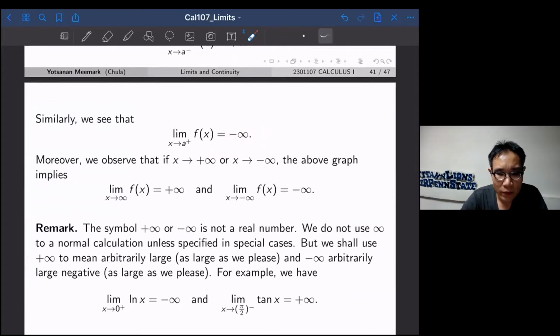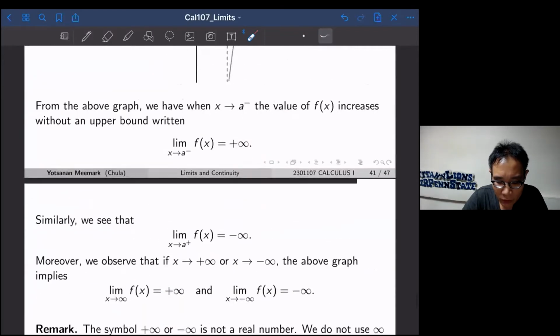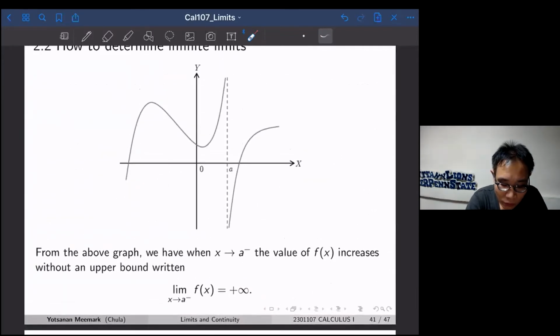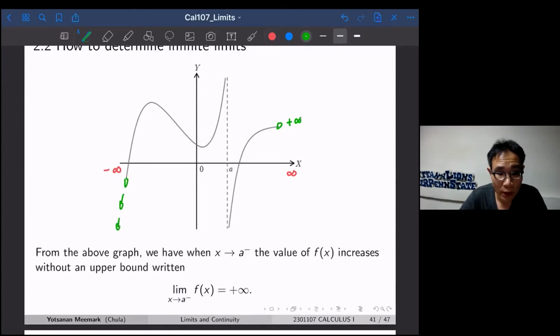Moreover, if you have x go to positive infinity or negative infinity, as I told you last time, you have positive infinity here and negative infinity here. When x goes to positive infinity, this goes to positive infinity. And when x goes to negative infinity, this becomes lower without a bound, so it goes to negative infinity.